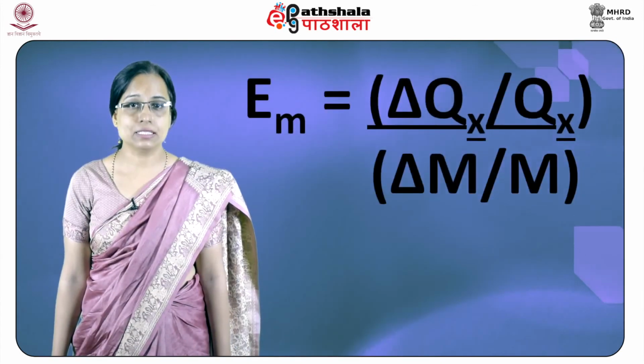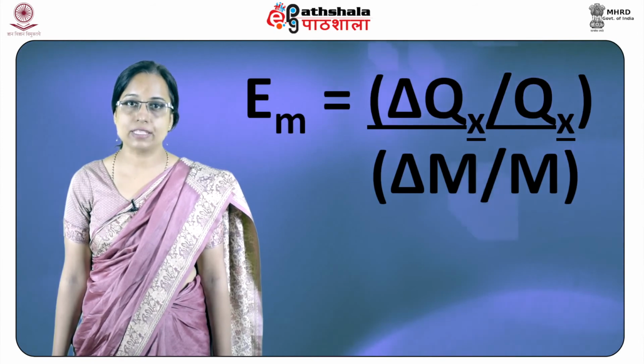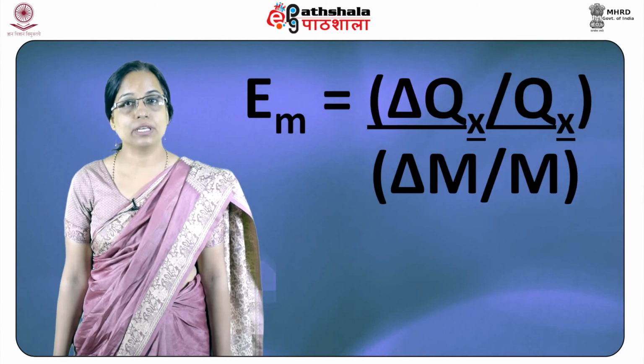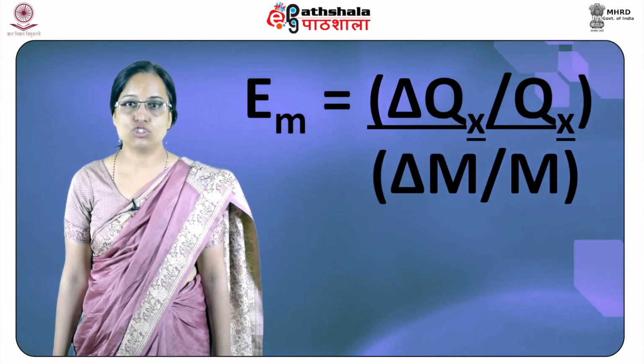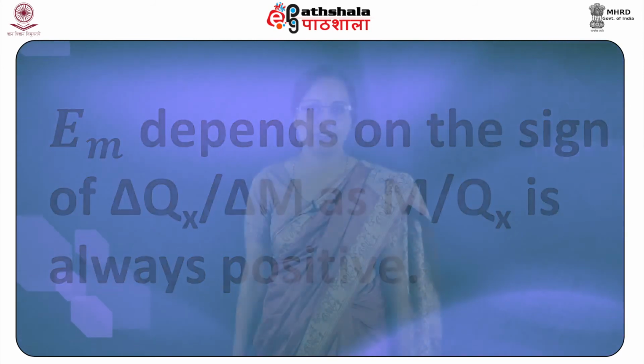Mathematically, elasticity of income is equal to the change in quantity of X, delta Qx, which is divided by Qx, divided by change in income divided by the original income. Note that the sign of income elasticity of demand depends on the sign of delta Qx by delta M, as M by Qx is always positive.